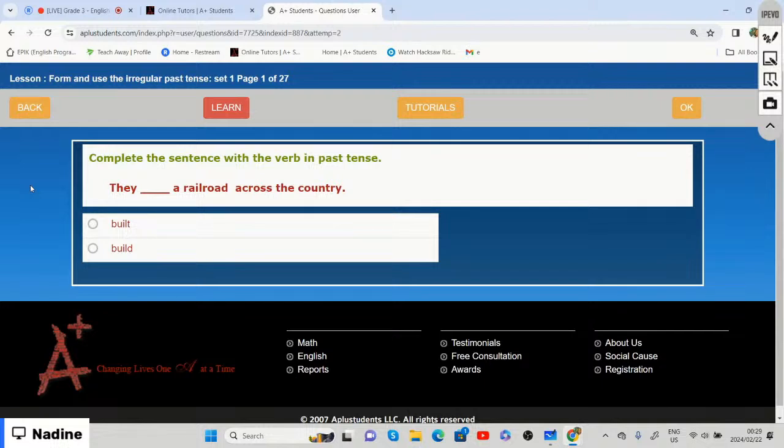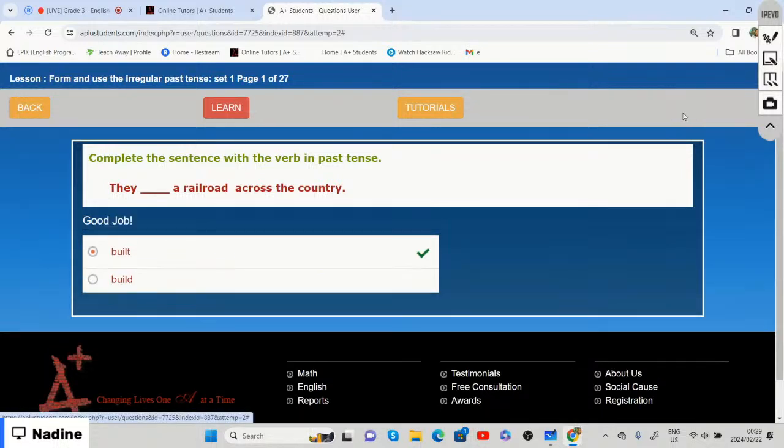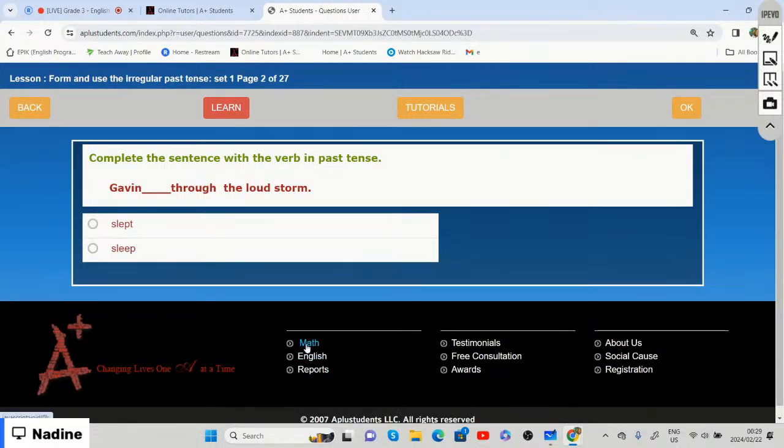And if we choose the correct past tense verb, we can say they built a railroad across the country. Built is correct. So well done.